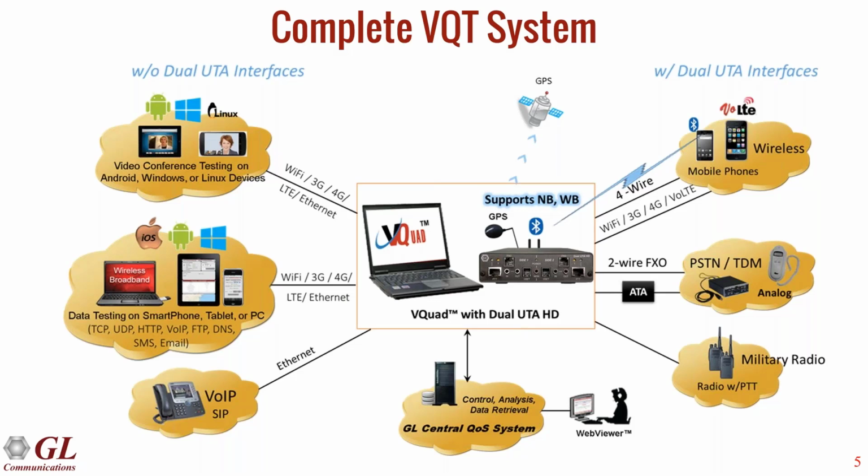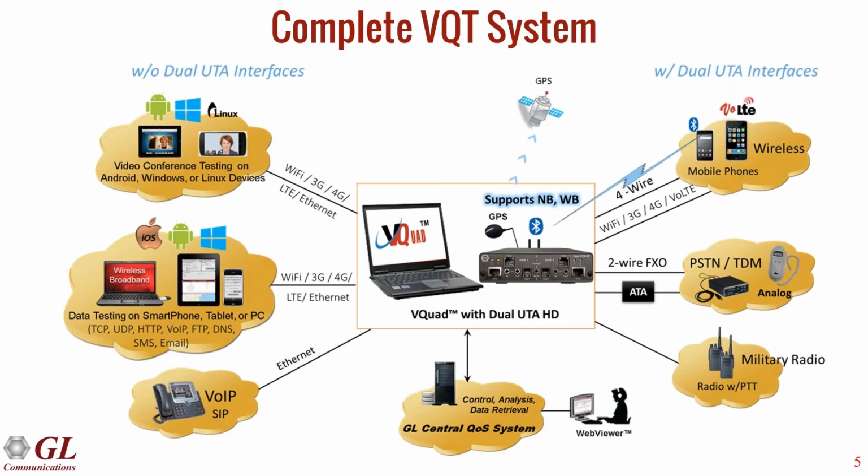while also sending and receiving audio. Now, the VQuad is also instrumental since it's fully automated using the VQuad scripting. It can also be used for video testing and data testing of the networks. So in the previous slide, there was video, data, and voice. Through the VQuad, we can not only test the voice, but also test data from the phone, directly from the phone through the network. Any Android or iOS device can be used.